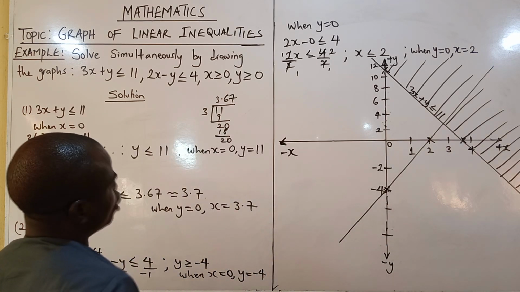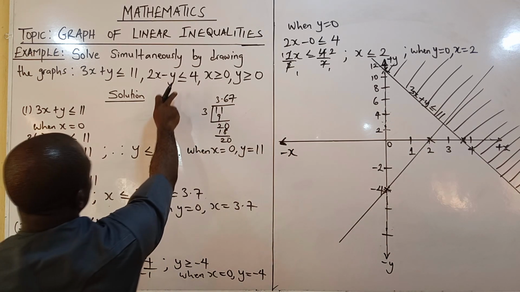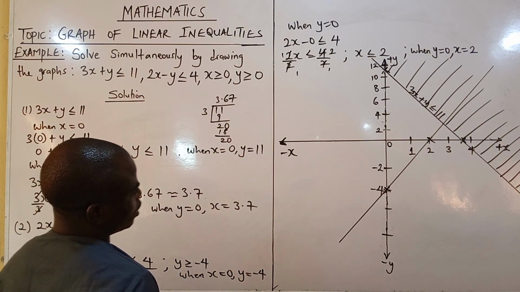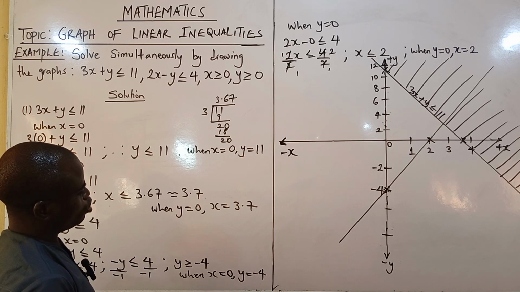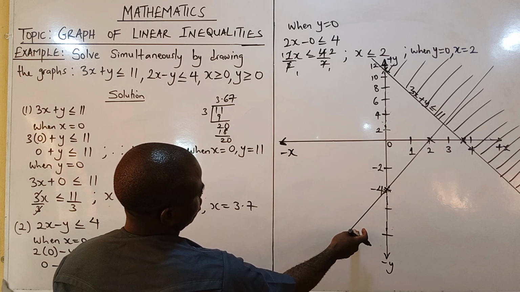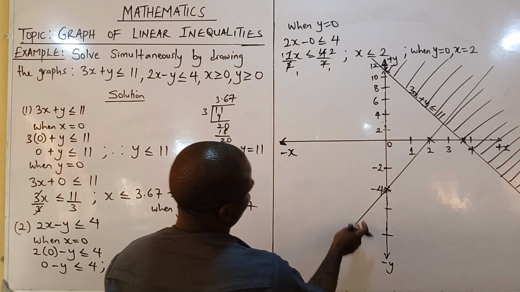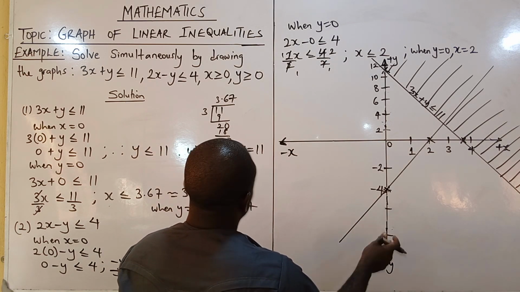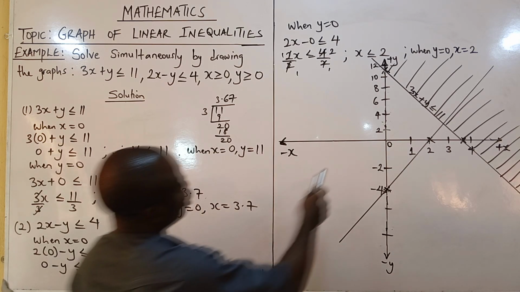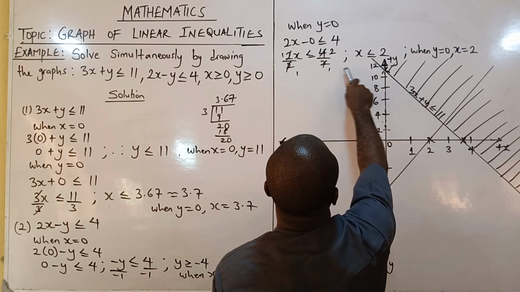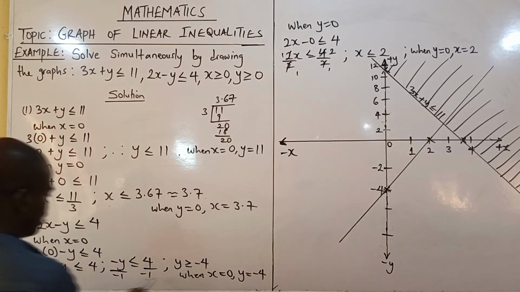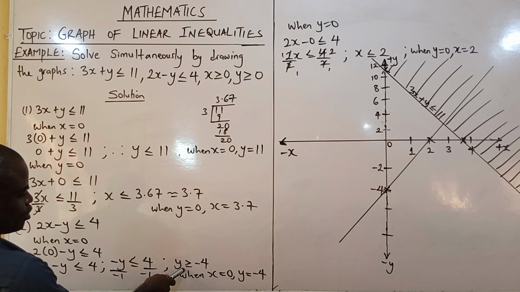Okay, how do we know where to shade? We are trying to shade the opposite of what we have. We have less or equals to 4. The reason we shade this one is that when we divide both sides by a negative, the sign turns to greater or equals to.